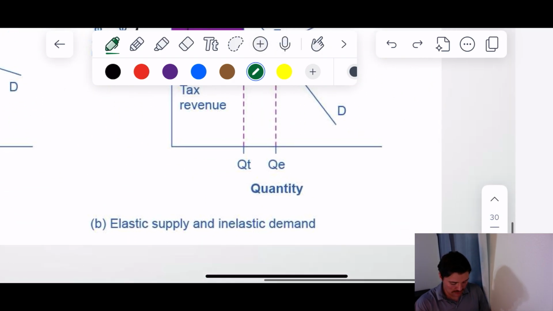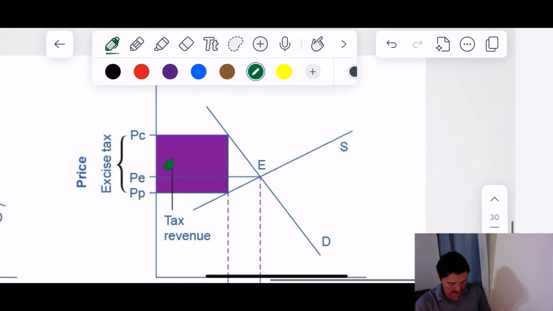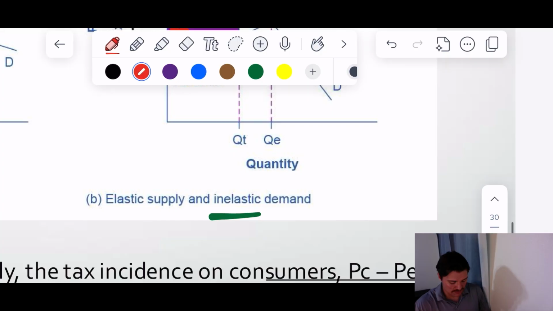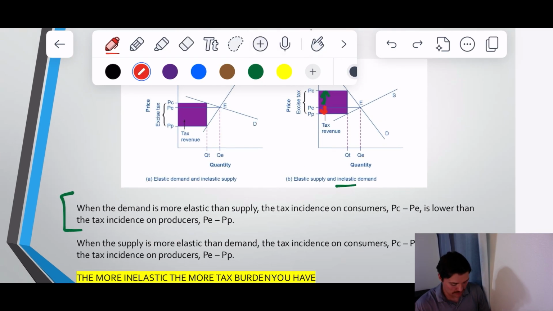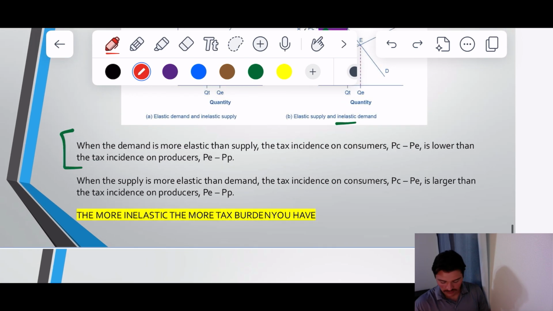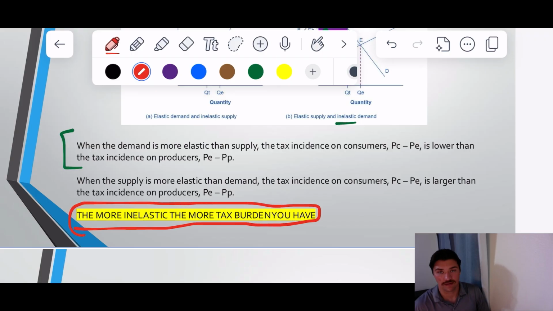On the other one, if demand is more inelastic, you see how they have a bigger jump in price and producers have a little drop in price? That's because demand is more inelastic, so they bear most of the burden.